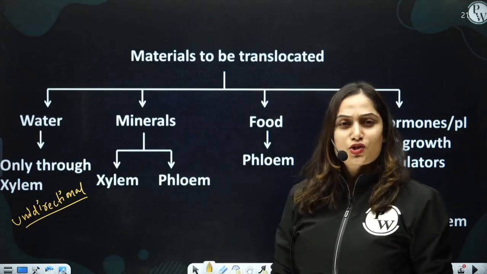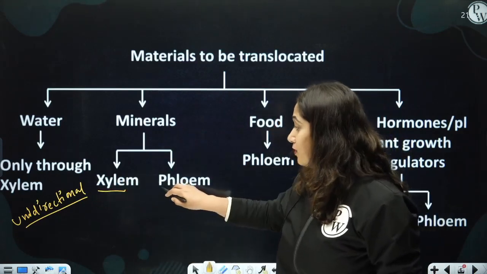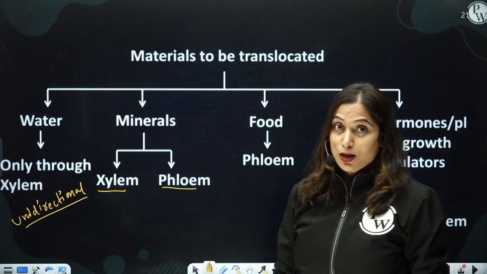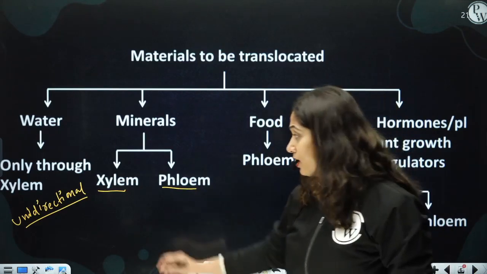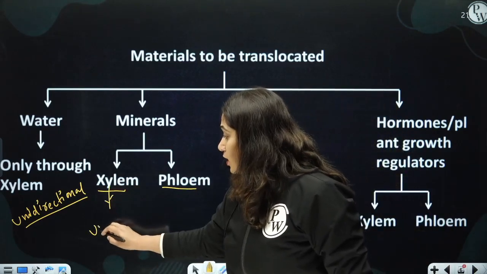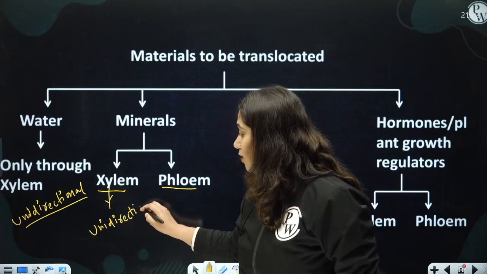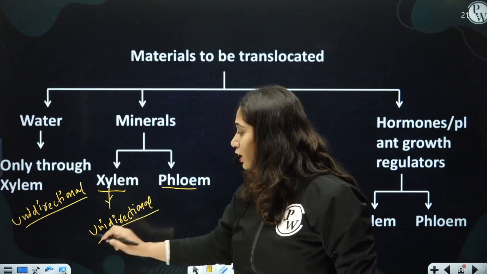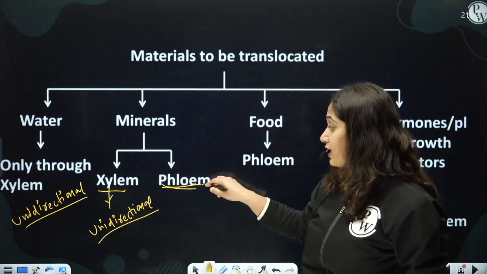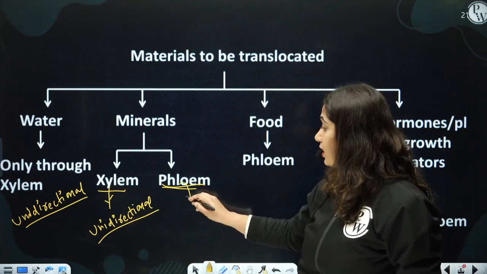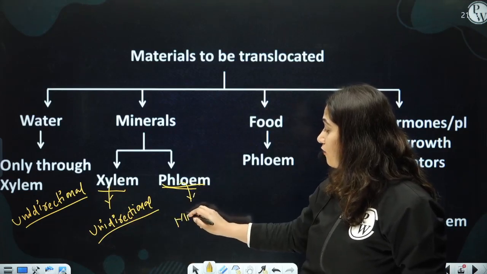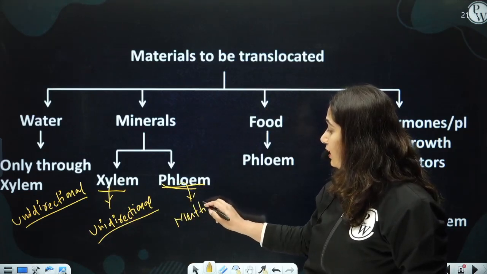Minerals are translocated both through xylem and phloem. How? In xylem, the translocation of minerals is always unidirectional, always from soil to the different parts. But in case of phloem, the translocation of minerals is multidirectional.